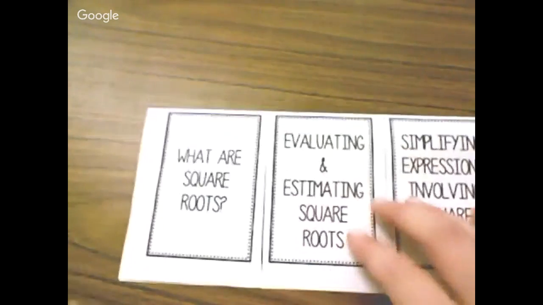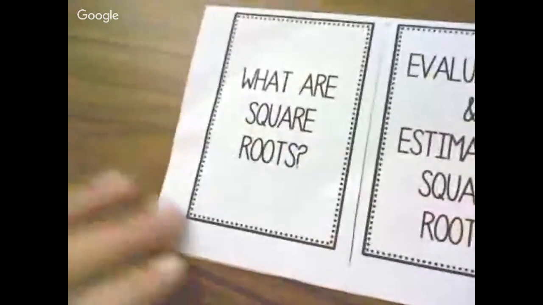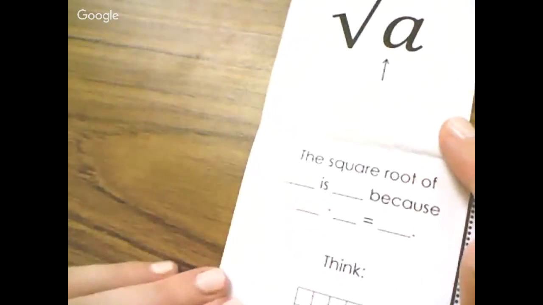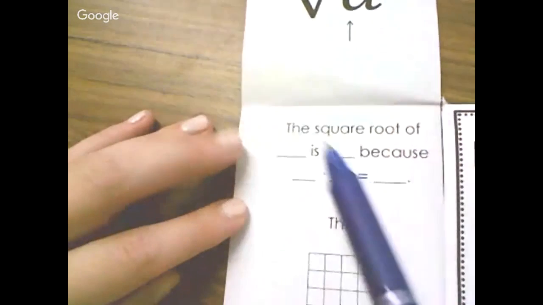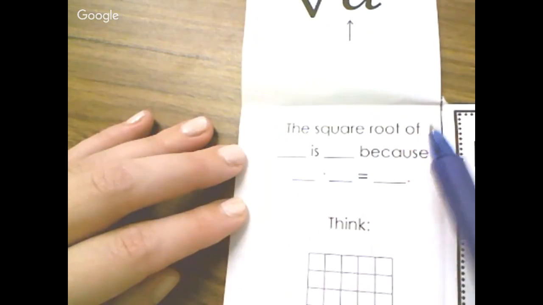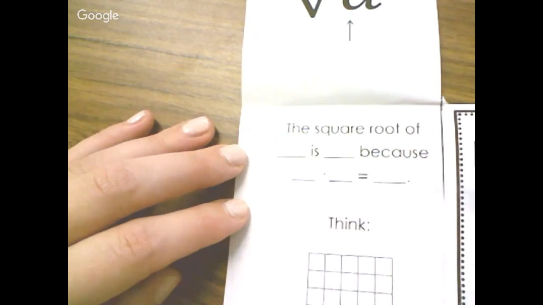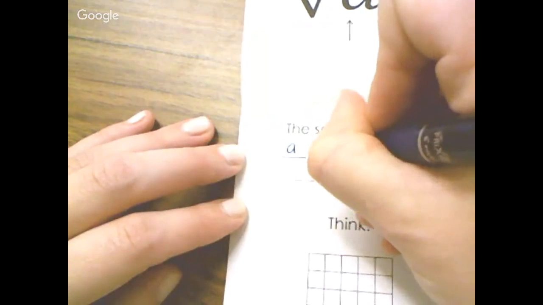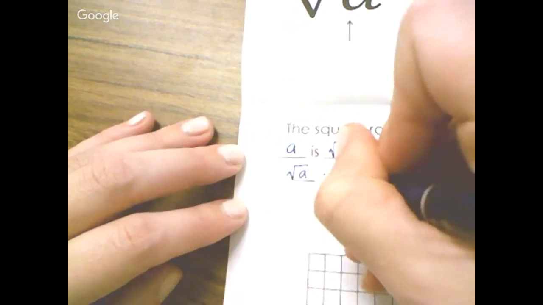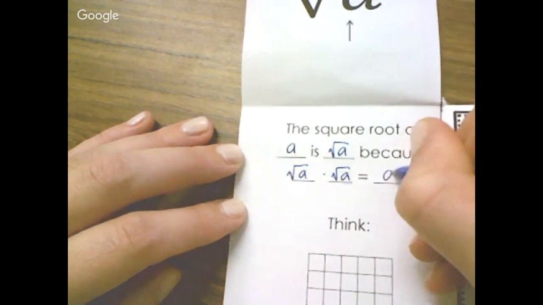All right, so let's talk about what are square roots. So I flip that up. So the square root of a is the square root of a, because the square root of a times the square root of a is equal to a.